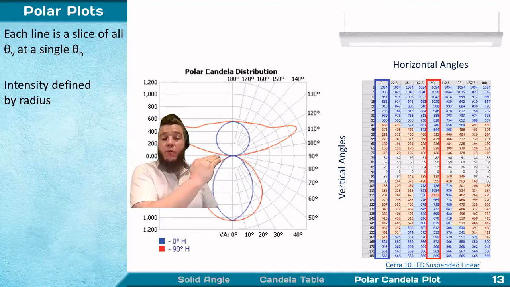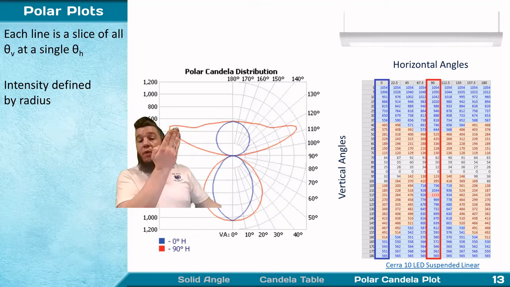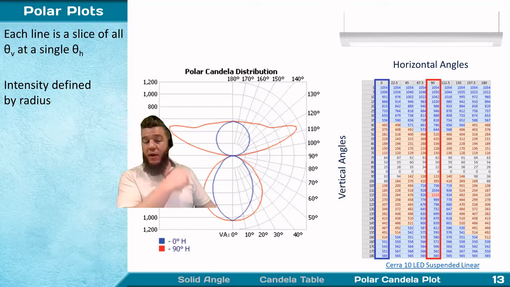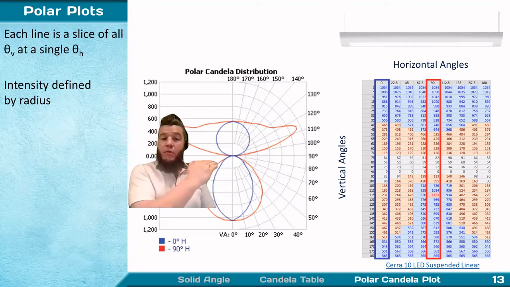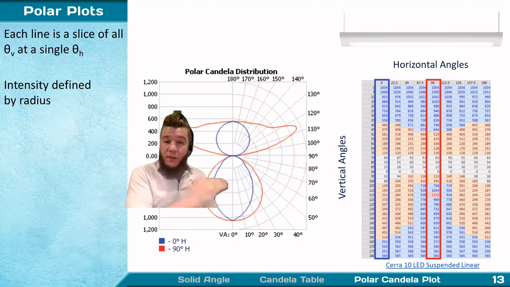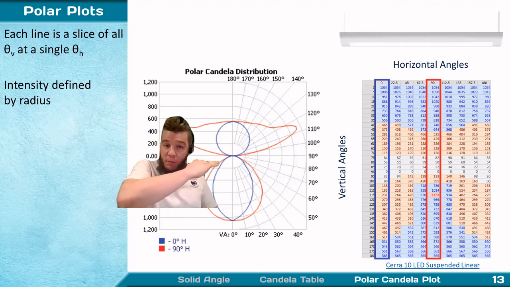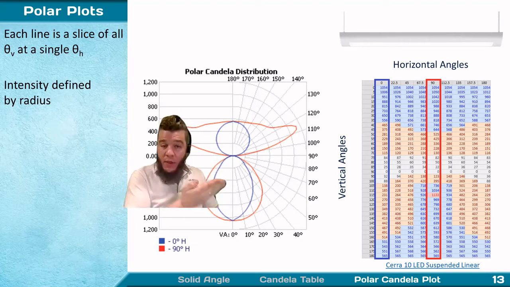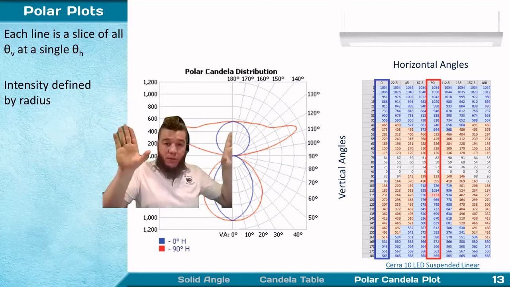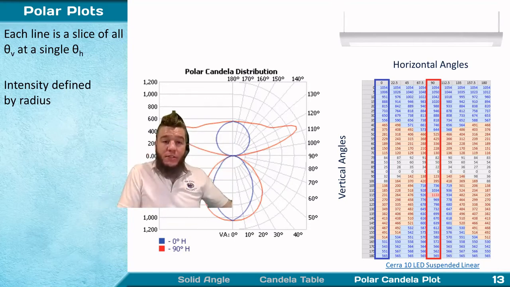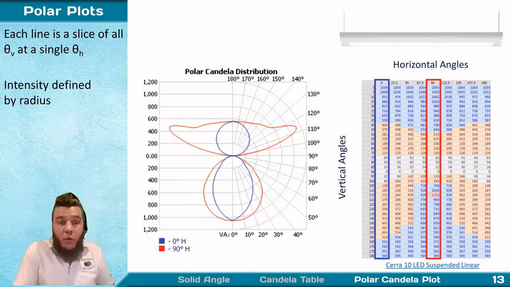So when we're further away, like right here at the end of the bat wing, you can see that maximum intensity is right there. So the further we are from the origin, the more intense it is. So you can see this light is primarily pushing light straight down and then up and out above the horizontal axis, above the equatorial axis, if you will.